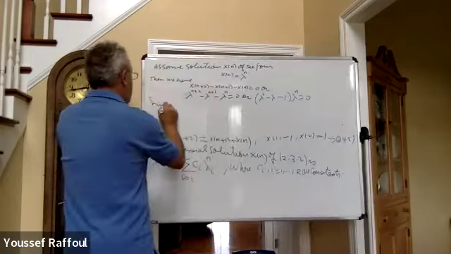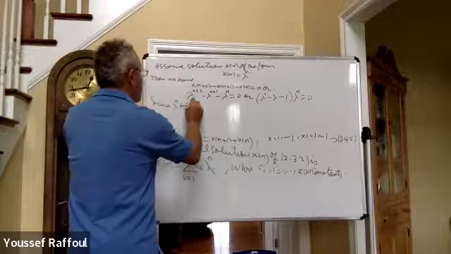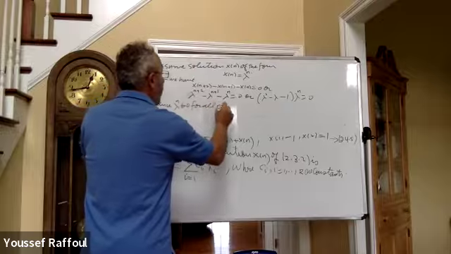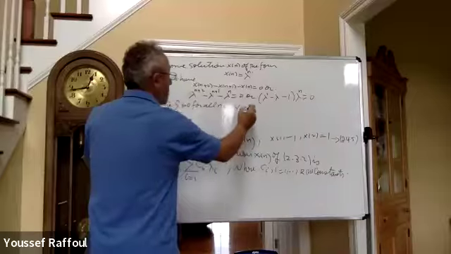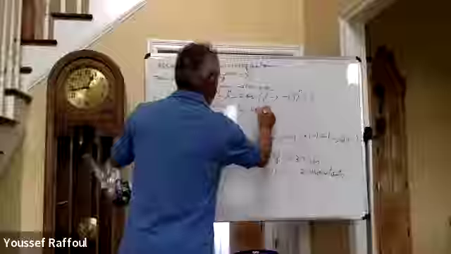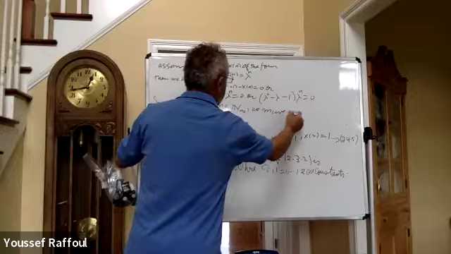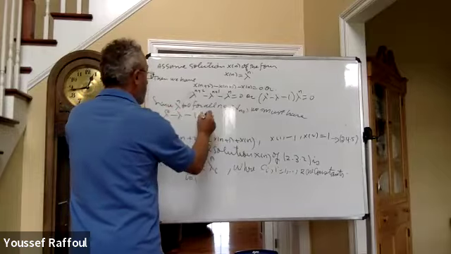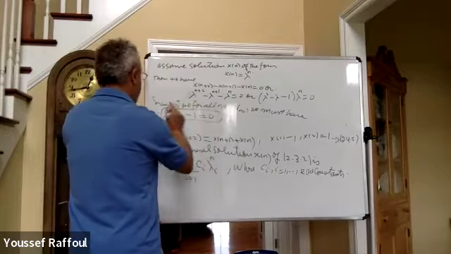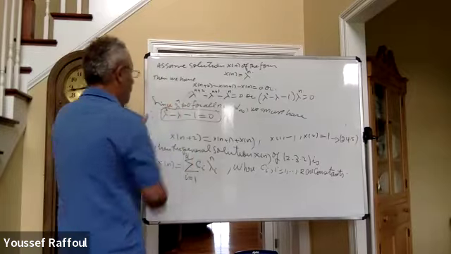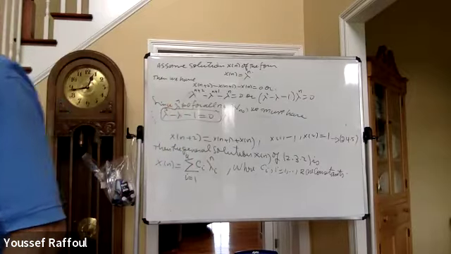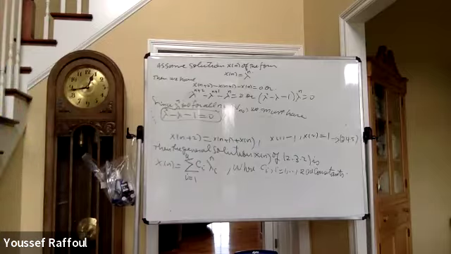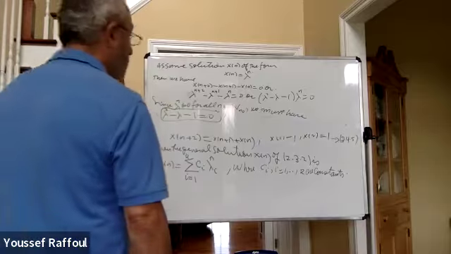And since lambda^n is never 0 for all n in the natural numbers, we must have lambda squared minus lambda minus 1 equals 0. So we have this equation. That is your auxiliary equation.